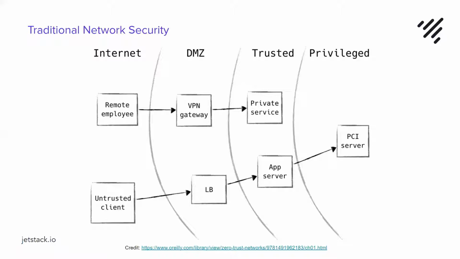The model is based around protecting networks from external attackers, and it often gets described as the castle and moat approach, in which everything inside is trusted. Once you're in the castle, effectively you're trusted. But this overlooks the threat of insider attack, and there have been a number of high-profile cases where breaches have occurred internally.